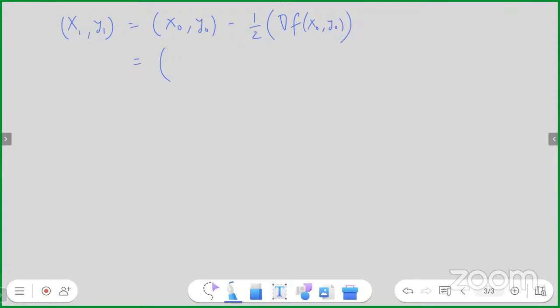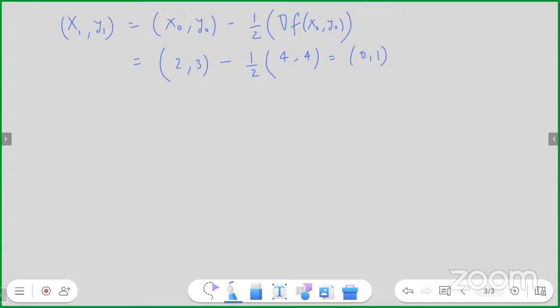The points are 2, 3 minus 1/2 times 4, 4. To keep track of what's going on, we started with 2, 3. Now we landed up at 0, 1. We'll do it one more time and then see something interesting will pop out.